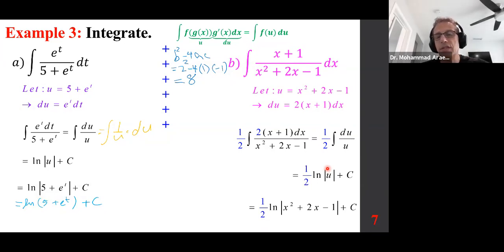Here's the final answer. You have to keep the absolute value because this expression, x squared plus 2x minus 1, can be positive, can be negative, and therefore we must keep the absolute value.